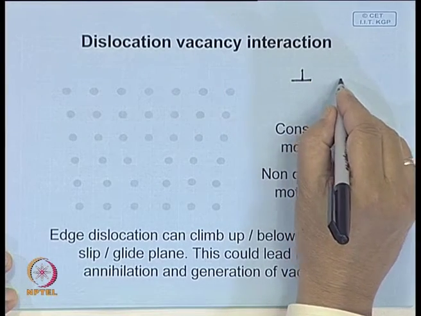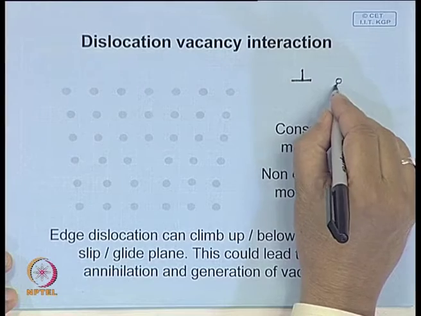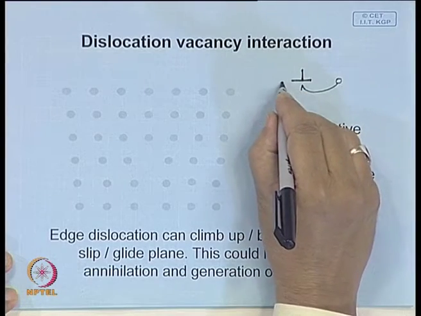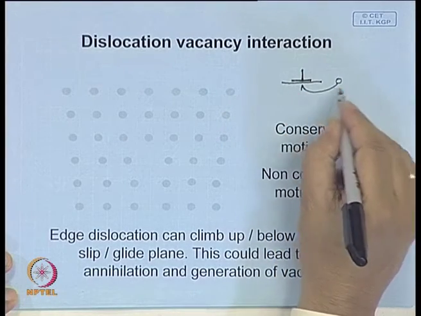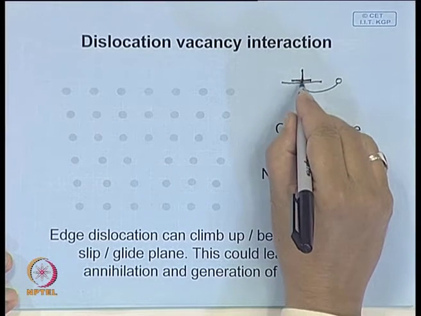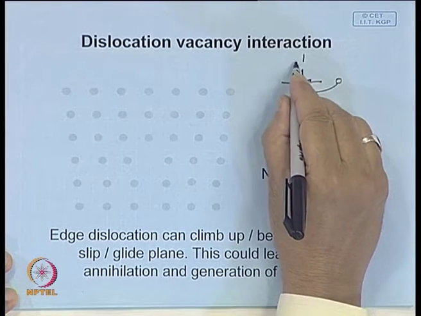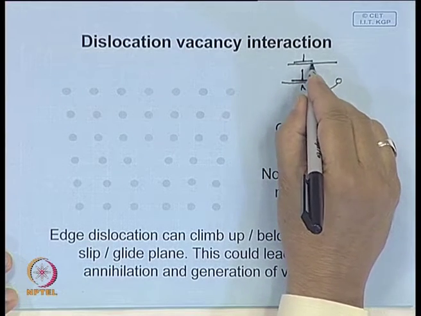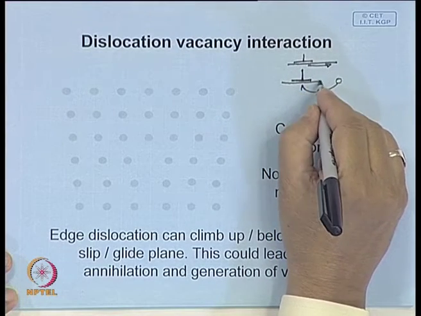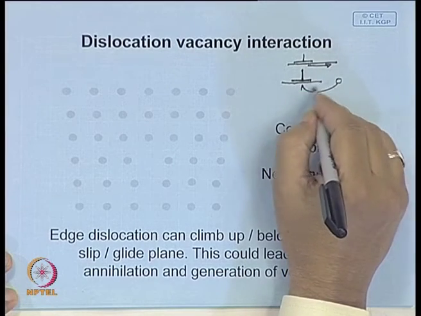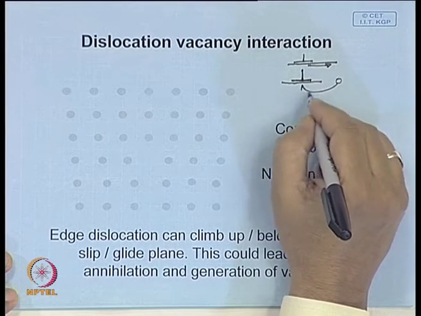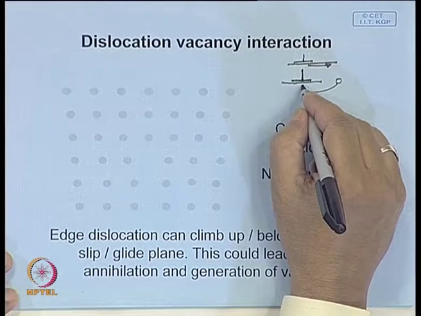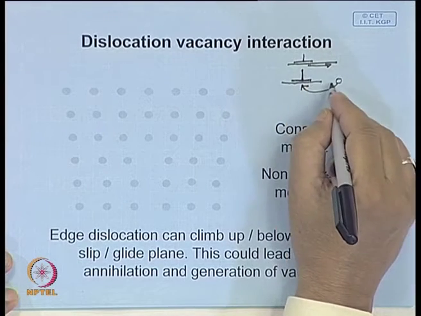When a vacancy comes here, say right now this slip plane is this. When a vacancy comes here, it moves up. So, that means it comes here. Now it can move on this plane, which is parallel to this. This gives an additional possible movement for this edge dislocation.